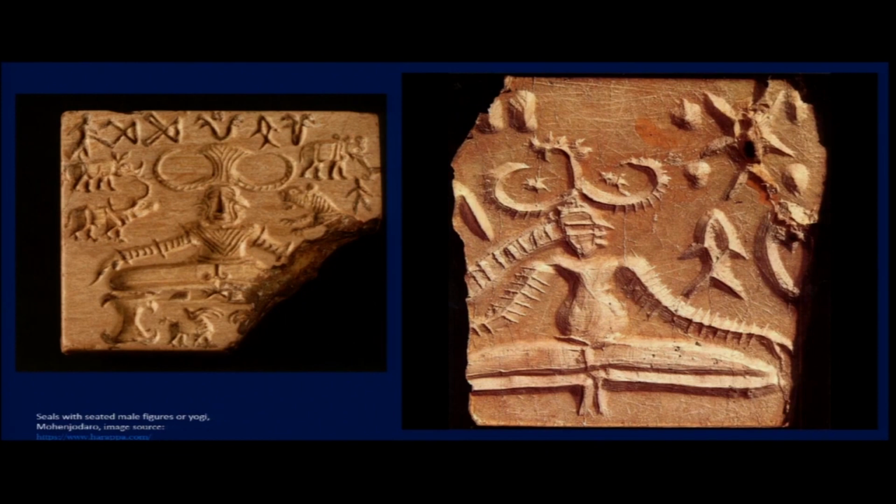On the other hand, other interpretations suggest that it can be a mask which has some projections, and the use of masks as well as horned headdresses has also been found in other material evidence from the Indus Valley sites.